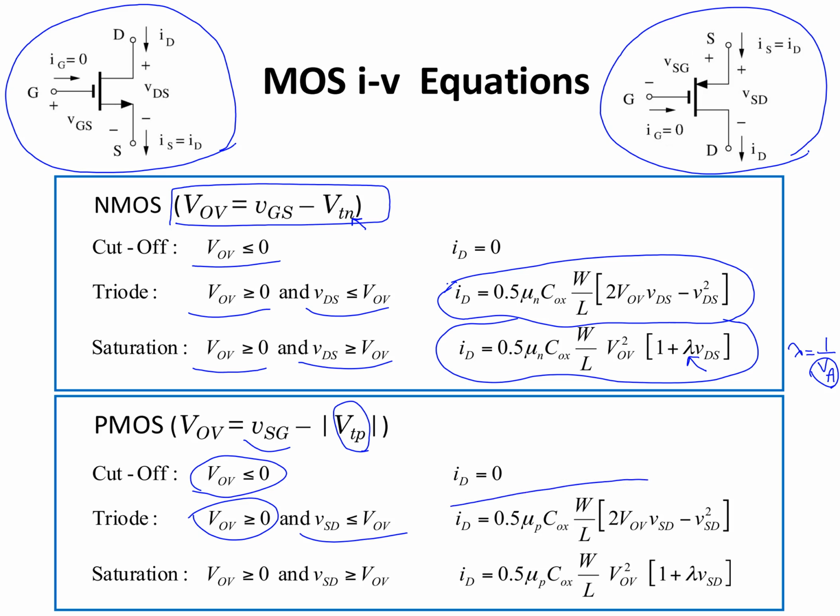So there you go, I have an equation that relates ID to VSD for the case of PMOS, and if it is in the saturation region, V overdrive voltage is greater than 0. Also, source to drain voltage is greater than V overdrive, and that's my equation for the case of saturation region. Again, lambda, sometimes we're asked to assume a 0 value for lambda.